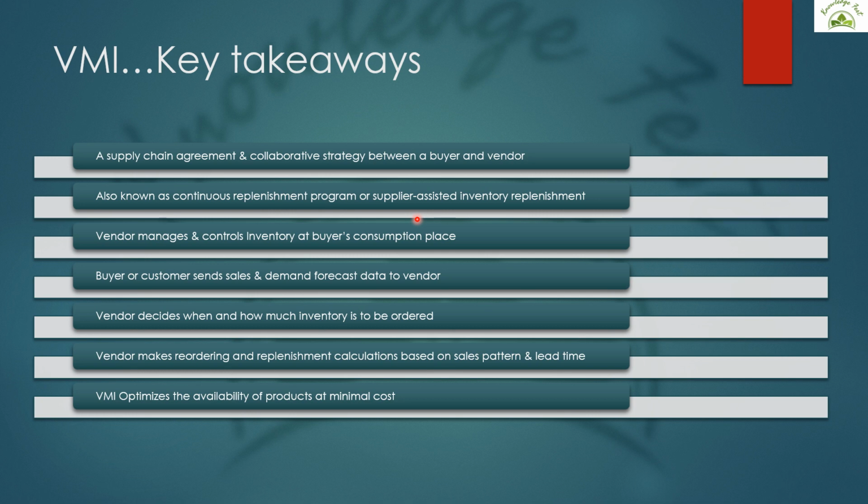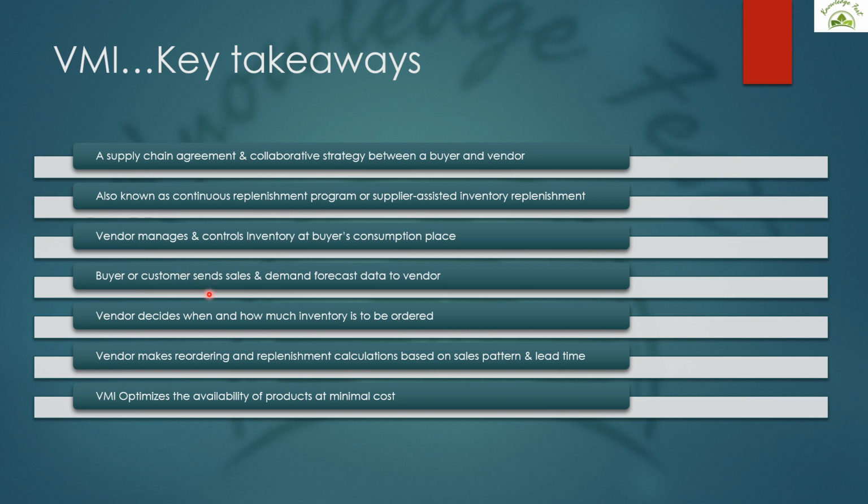Now let us understand step by step how a VMI works, what is the business model for VMI. In VMI, the vendor manages the inventory. So it's not the buyer, it is rather the vendor who is deciding what quantity to order and when to order. Now how is it calculating what to order, when to order, and what would be the right quantity to order?